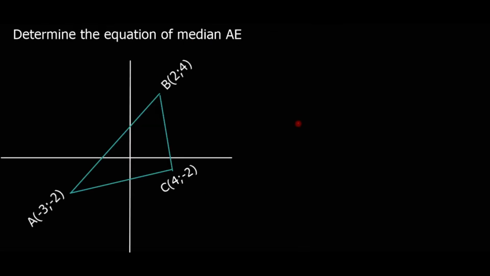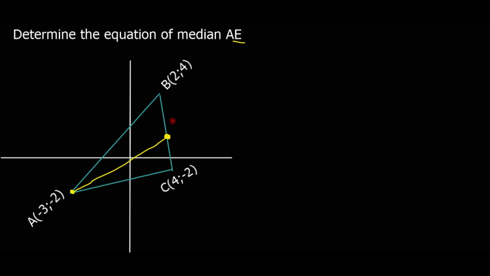And then this question here: determine the equation of median AE. We have a triangle ABC, and on this triangle we can see that we have a point E. So it means this point E is somewhere on this triangle. But based on this question, we have point A, so we need the median of A. So we draw a line from point A to the opposite side, ending at the midpoint.